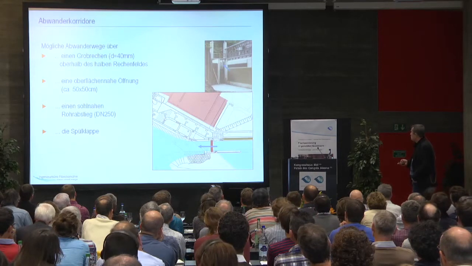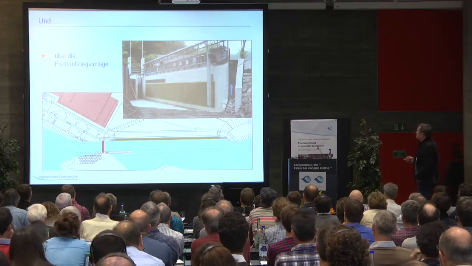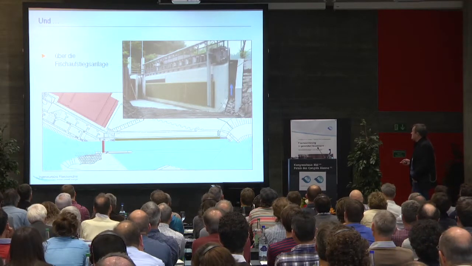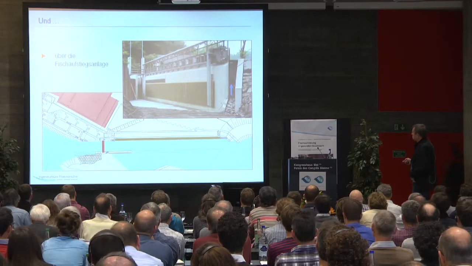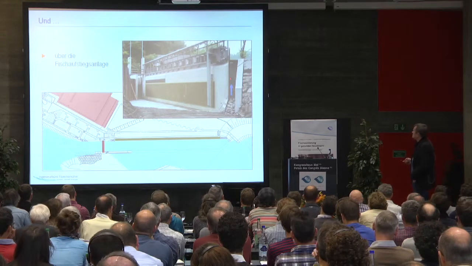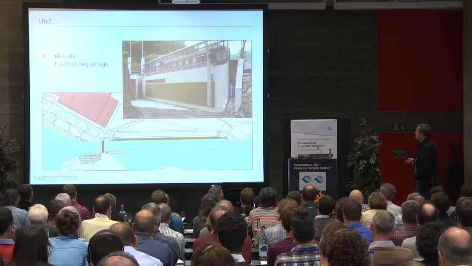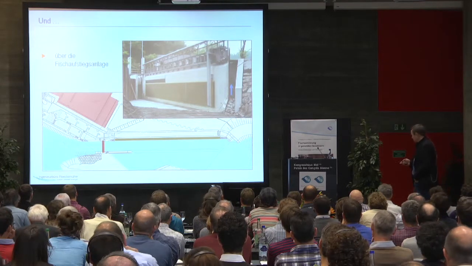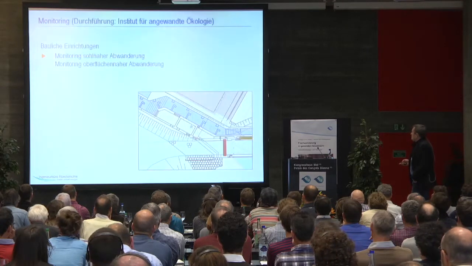And there you see this, the blue arrow was the direct way. And what was interesting here in this project, we had an additional alternative, namely the upwater inflow of the fish ladder. That was also a possibility here.